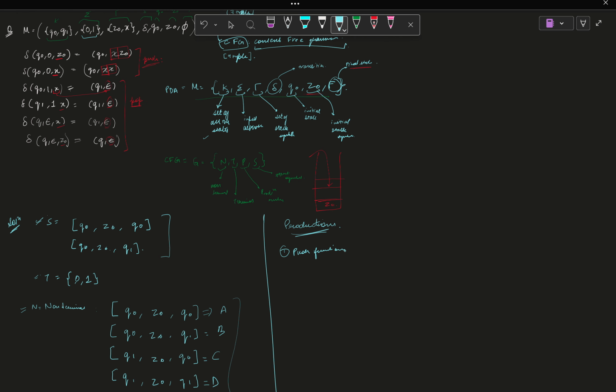When we define our push functions, we can see from here that there are two push functions. So let's write them down first. This is delta Q0 0 Z0, then delta Q0 0 X is equal to Q0 X Z0 and Q0 X X.